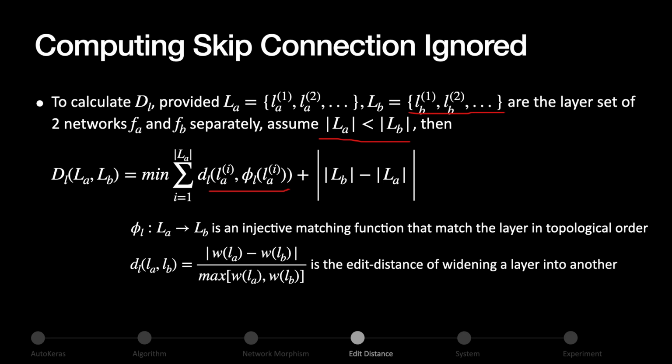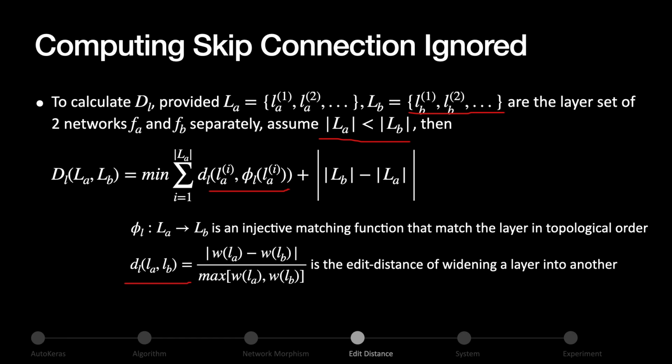And then for each layer, we combine the aligned layers and we can measure the distance difference between each layer. So the dl of LA LB is equal to the absolute value of WLA minus WLB divided by the max of WLA and WLB.